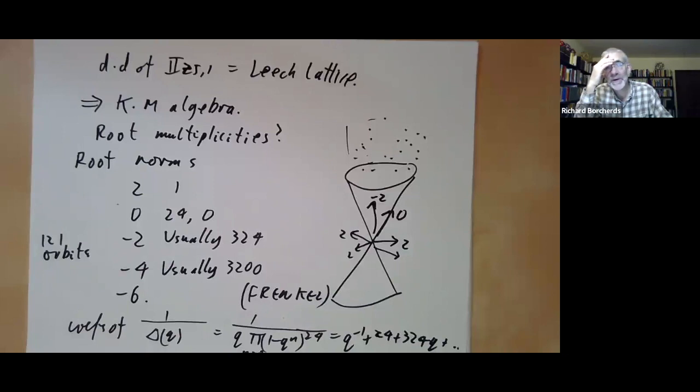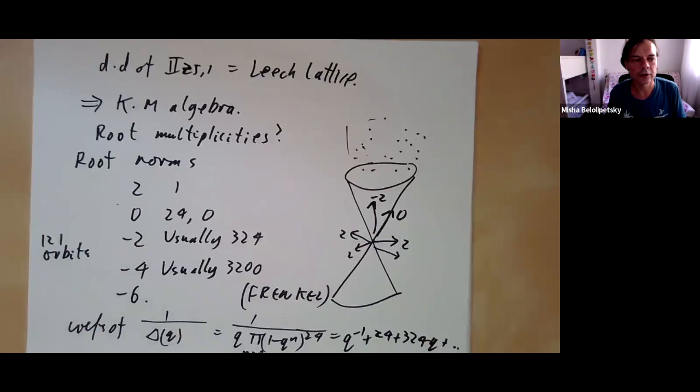You can get some lattices by taking the orthogonal complement of an E6 D4 Dynkin diagram inside the Leech lattice, and that will sometimes give you a determinant-free lattice. I forwarded the link in the chat.